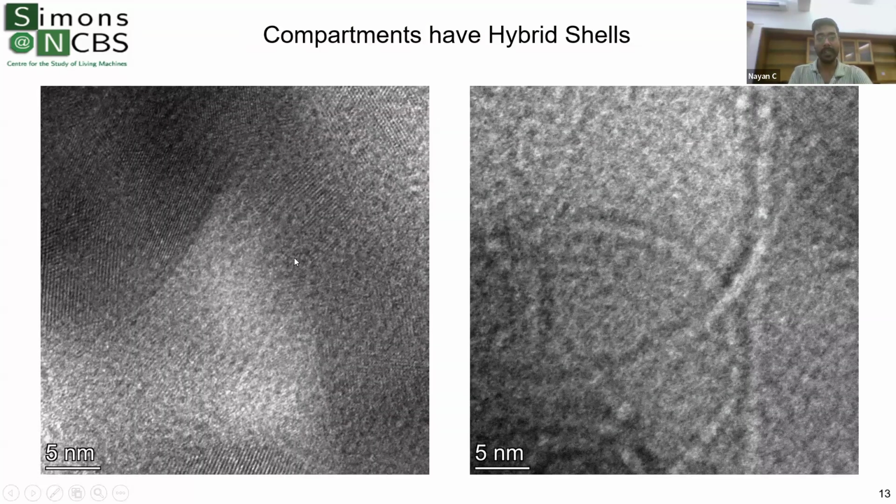And very high resolution TEM images at nanometer scale of the surface, the shell of the microsphere, reveal a hybrid architecture in which one can see small nanocrystalline domains on the shell, which form ordered moire-like patterns. And there are also amorphous regions which resemble brush-like long amorphous regions on the shell. So overall, the shell seems to be a hybrid organic-inorganic mesh-like material. So this is about the structural and compositional characterization of these microspheres.